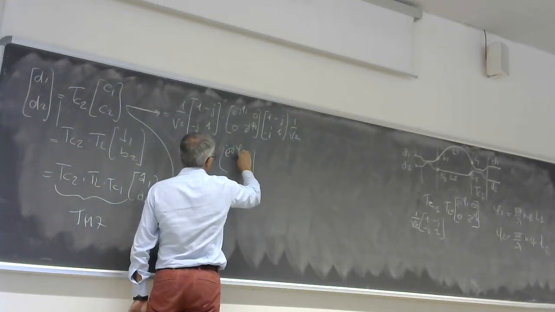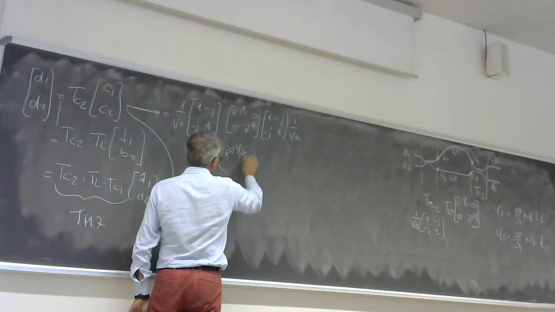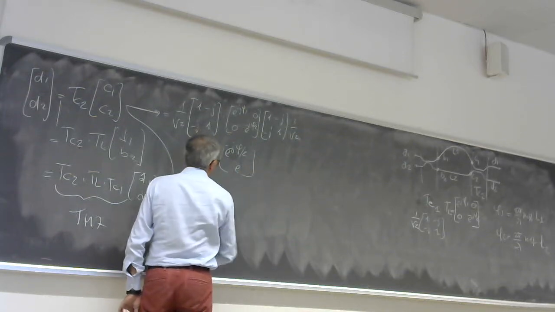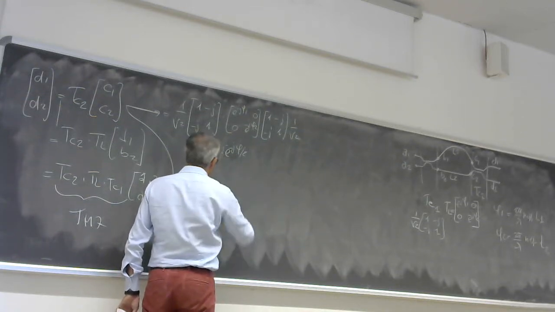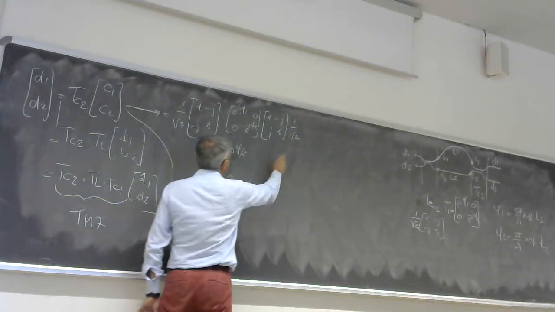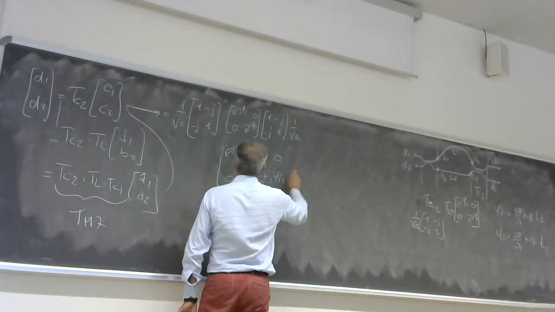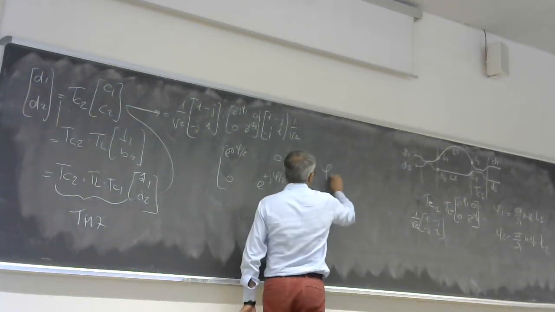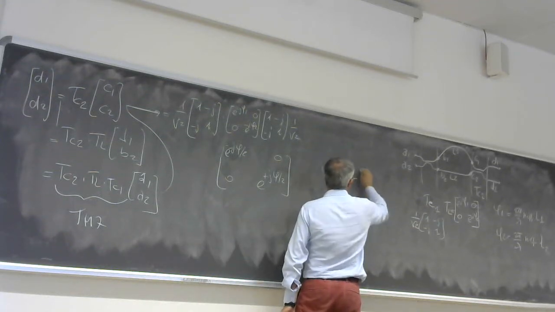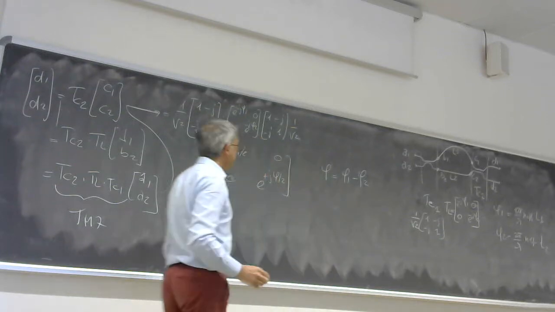Minus j phi divided by 2, I write a little bit larger, plus j phi over 2, where phi is equal to phi1 minus phi2.